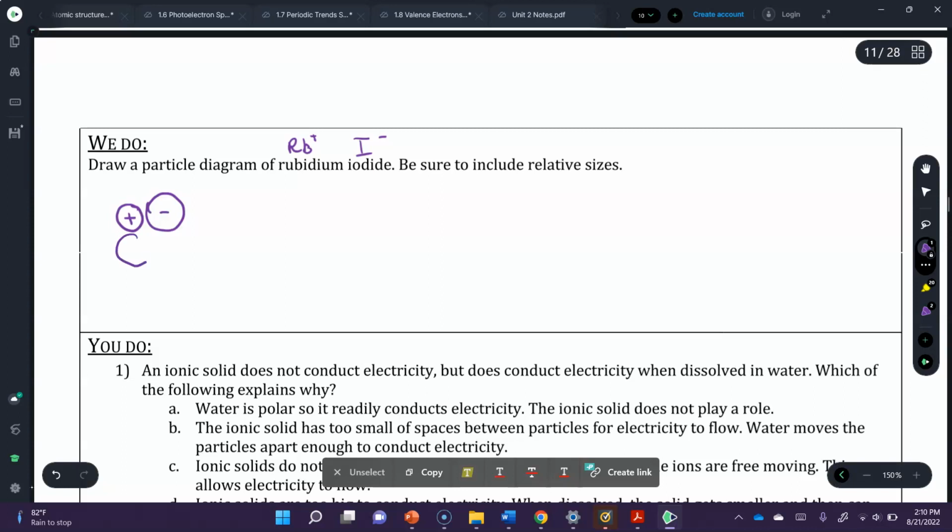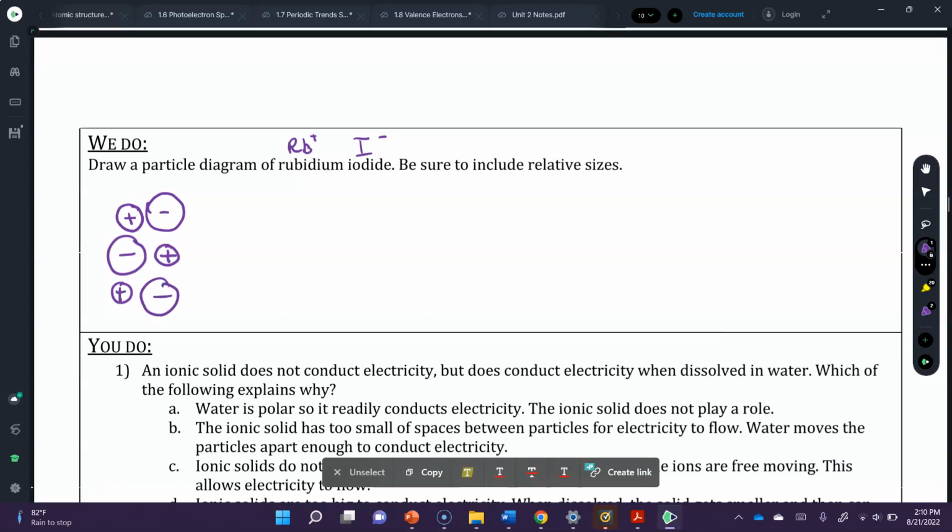And since we're drawing a particle diagram, it should alternate the positive and negative charges.